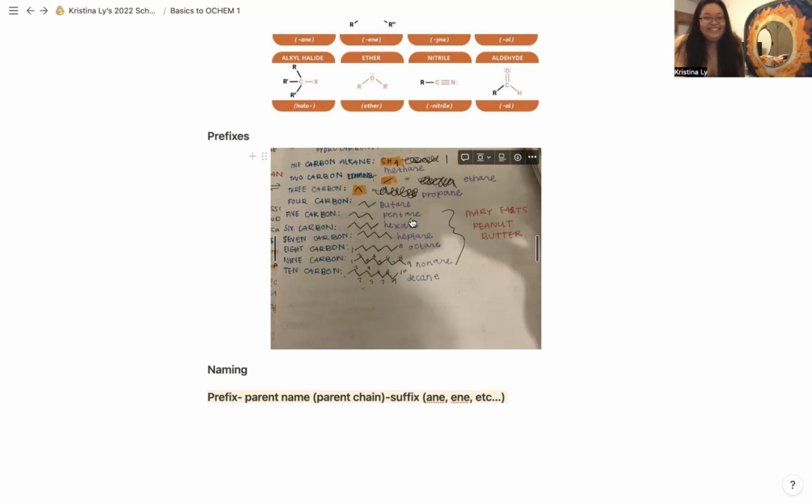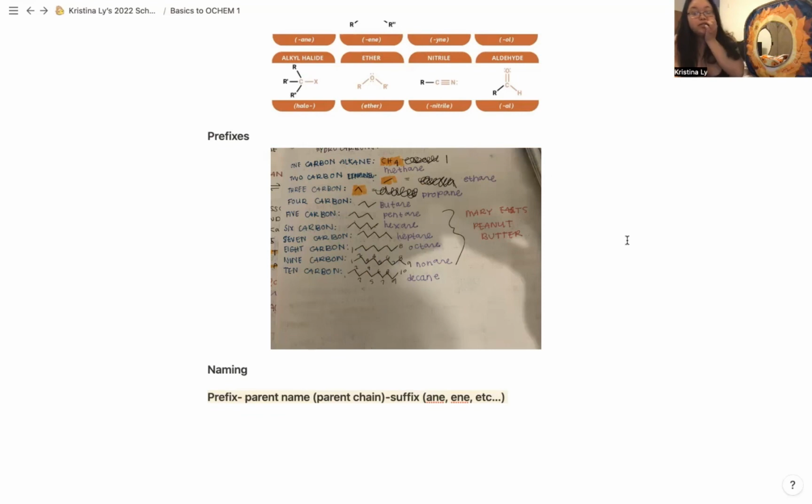That's how I think of it, which is weird. But you can also think of it as a pentagon, so it has 5 carbons. And then you go to hexane, hexagon, 6, 7, 8, 9, and 10. And you can see how the structure matches with how many carbons there are. So keep that in mind.